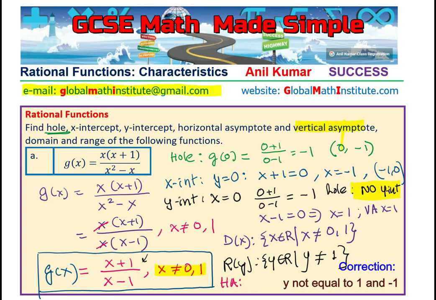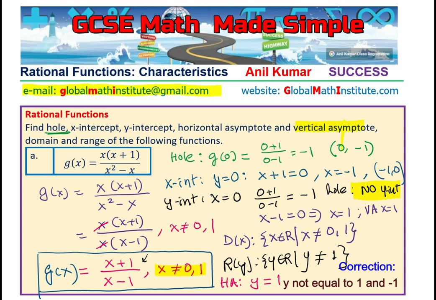Here, the ratio of leading coefficients is equal to 1, so the horizontal asymptote is y equals 1, because the leading coefficients are 1. I'll show you the technique in the next example. I hope everything else is clear. We'll look into horizontal asymptotes in more detail later.